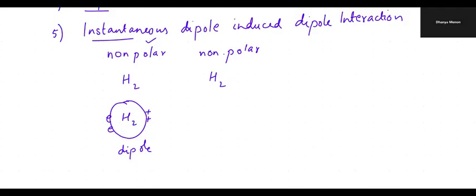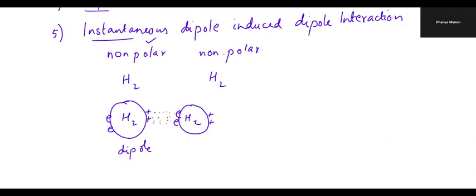So what would it do to the other hydrogen? It would attract the electrons of this hydrogen. So this part has become positive charge. So now, this is happening for very less amount of time, okay? So at any instant of time. So now there can be weak forces of attraction between the positive and negative charges of the two hydrogen. And this forces of attraction is called instantaneous dipole-induced dipole interactions.